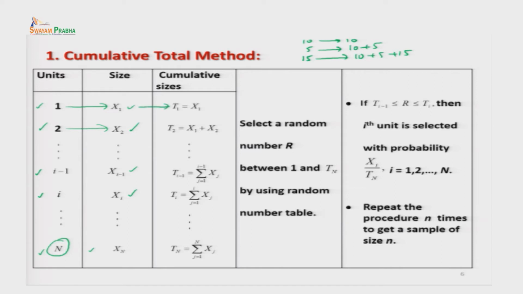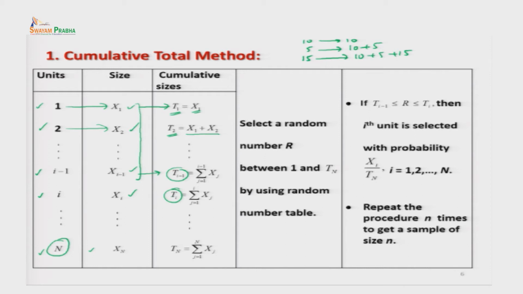Okay. So, now this is my first observation: you have the cumulative totals of the sizes. We call them cumulative sizes, and denote them by T1. T1 is equal to capital X1. T2 will be the cumulative total of the first two units, that is X1 plus X2. Similarly, Ti minus 1 is the sum of all the sizes up to Xi minus 1, the sum over j from 1 to i minus 1 of xj, and Ti is the sum of all the sizes up to xi.